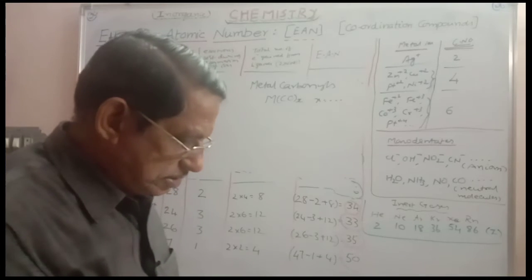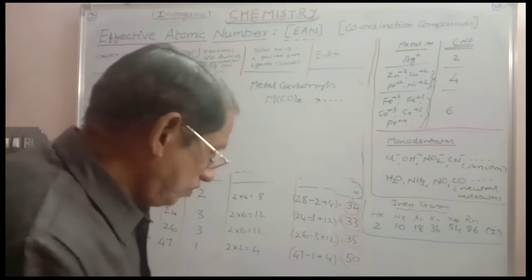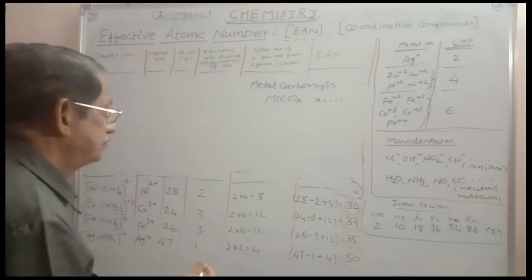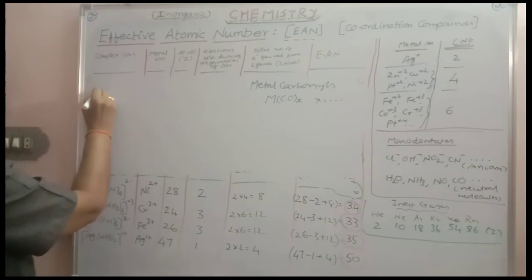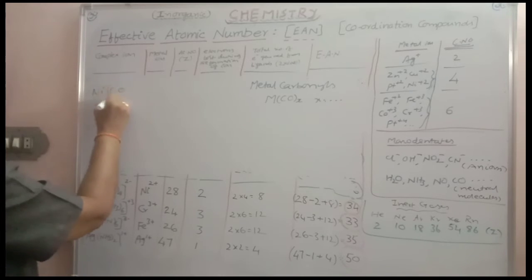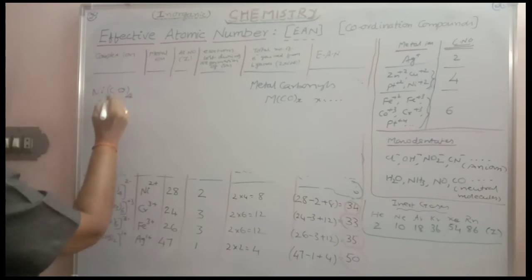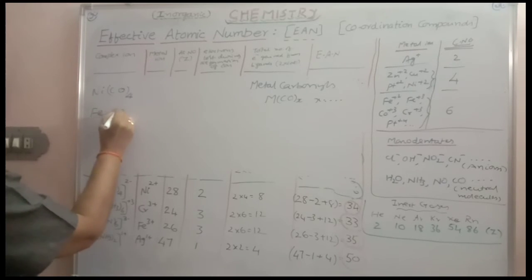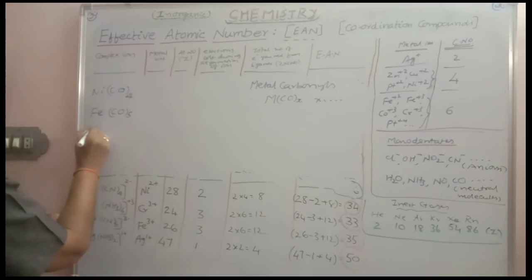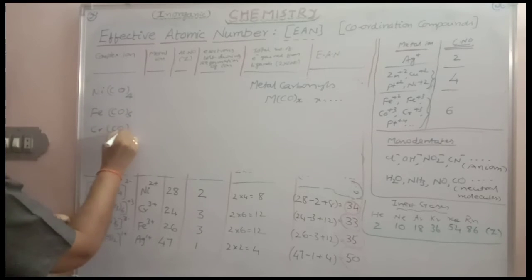You can take examples like this. What type of examples you can take here? Ni(CO)4, one example. Similarly, Fe(CO)5, Cr(CO)6.